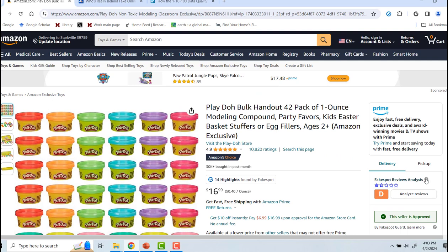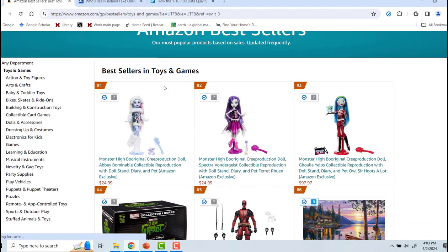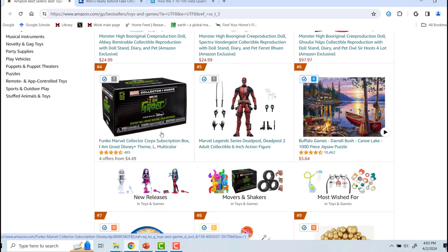And we have the FakeSpot add-in to Chrome that analyzes the reviews, and there's lots of very standard phrases that are obviously not real, lots of reviewers with only one review just for this product, kind of a pattern of fraud. So this gets a D on FakeSpot.